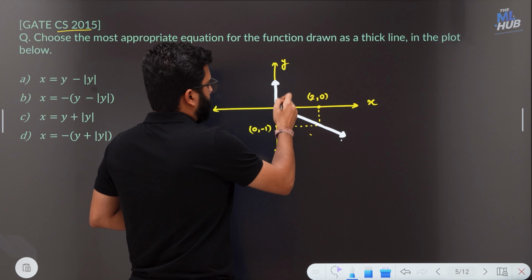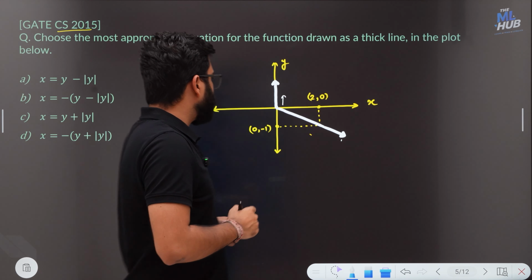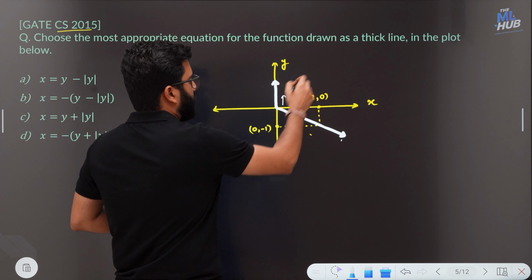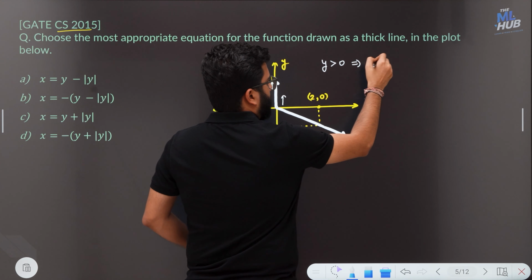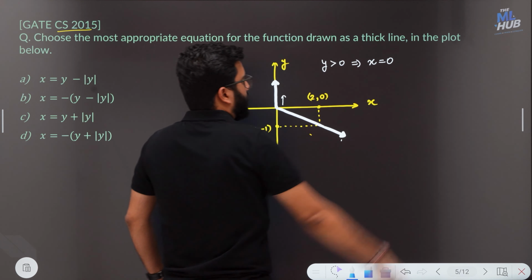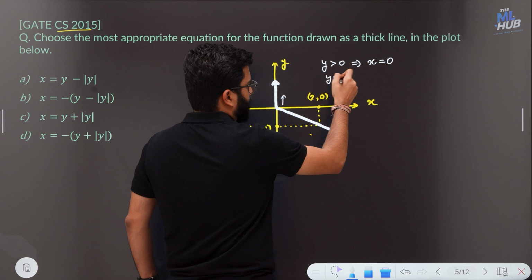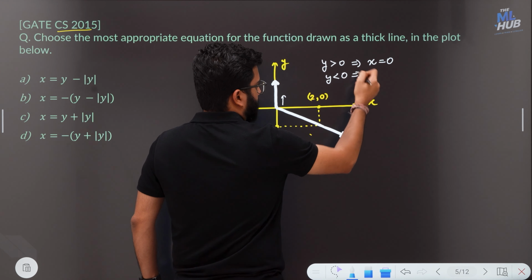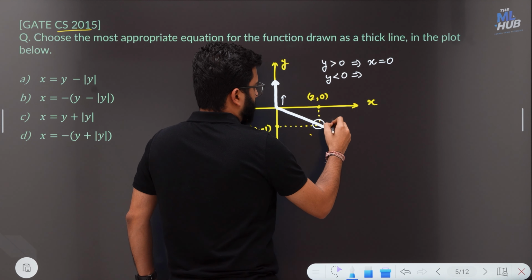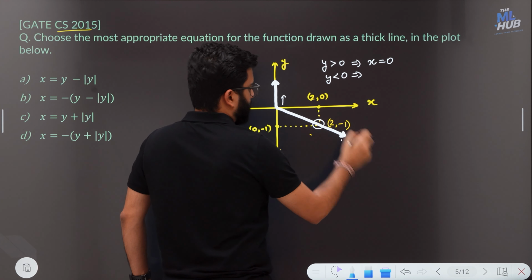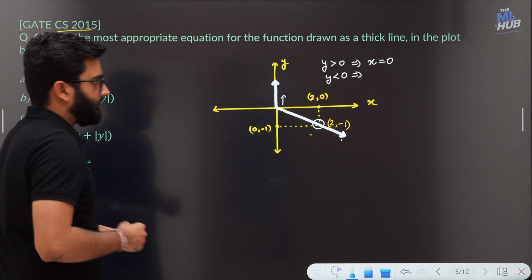If y is greater than 0, then x will always be 0. And if y is less than 0, then it should always pass through the point 2, minus 1. So any option satisfying these two conditions will be the right answer.